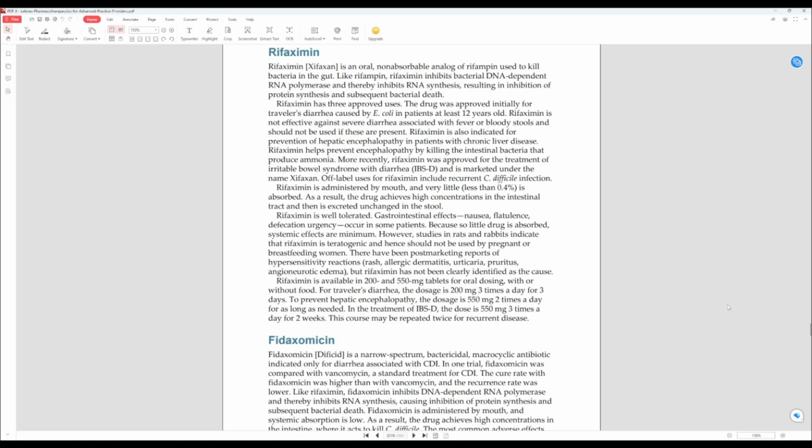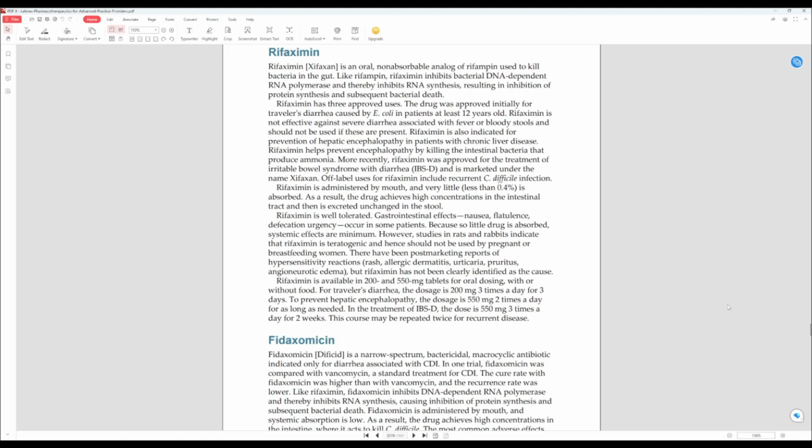Rifaximin has 3 approved uses. The drug was approved initially for traveler's diarrhea caused by E. coli in patients at least 12 years old. Rifaximin is not effective against severe diarrhea associated with fever or bloody stools and should not be used if these are present. Rifaximin is also indicated for the prevention of hepatic encephalopathy in patients with chronic liver disease.